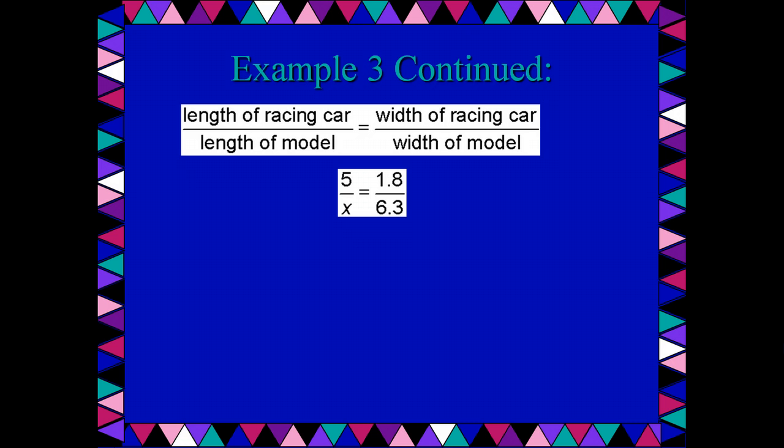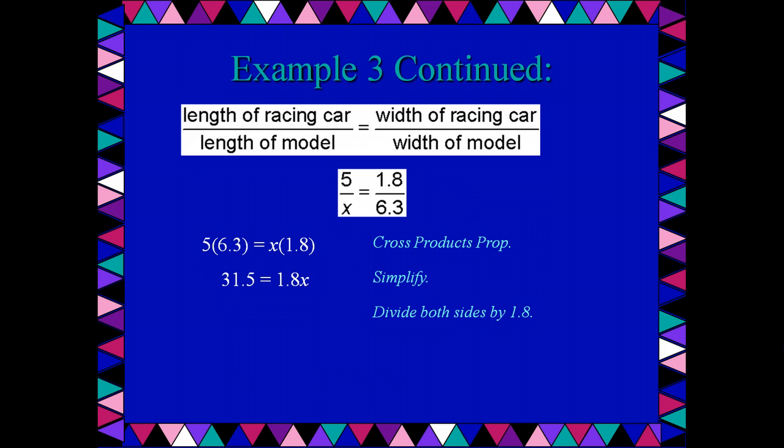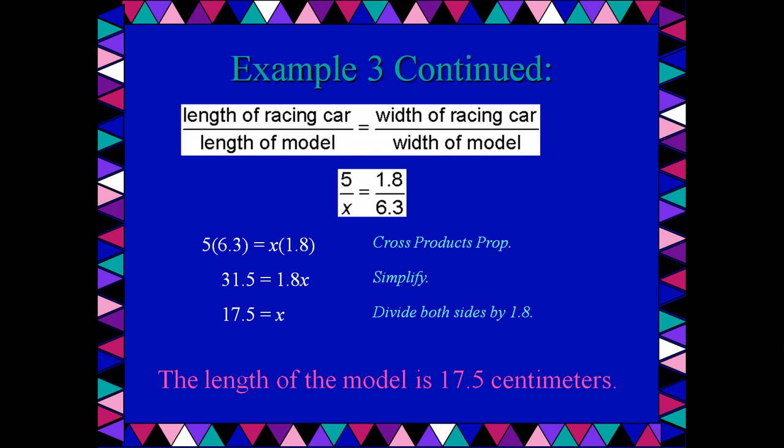So we have 5 over X equals 1.8 over 6.3. We take the cross products property and multiply, simplify, and we get 31.5 equals 1.8 times X. If we divide both sides by 1.8, we get 17.5 equals X. The length of the model is 17.5 centimeters.